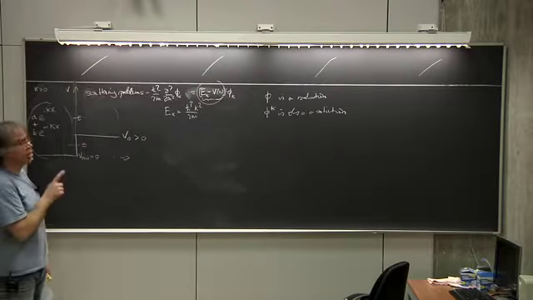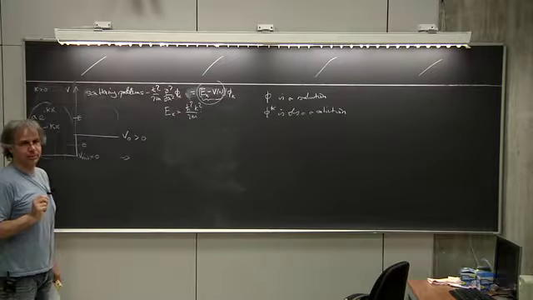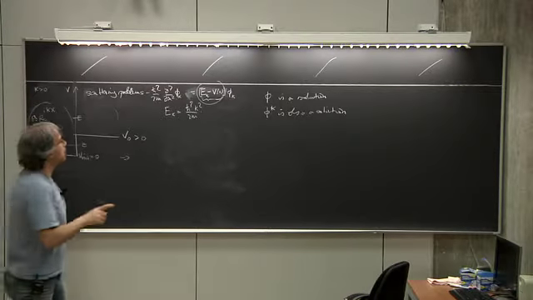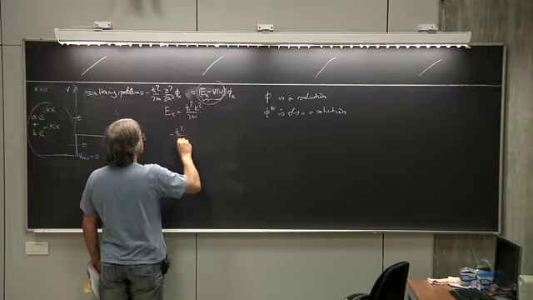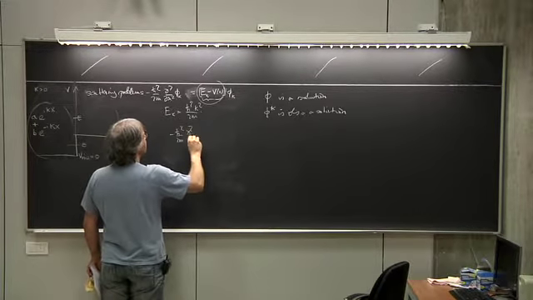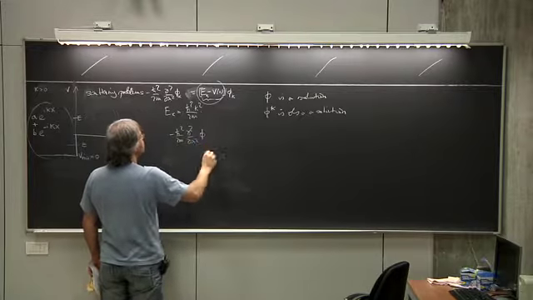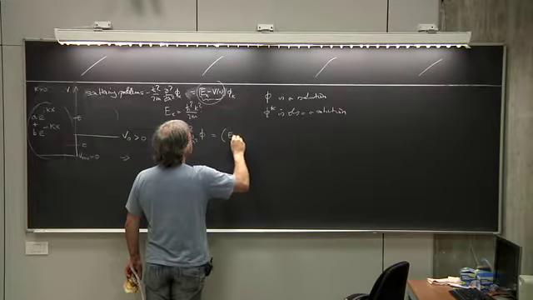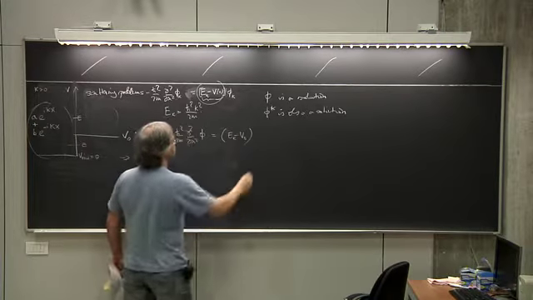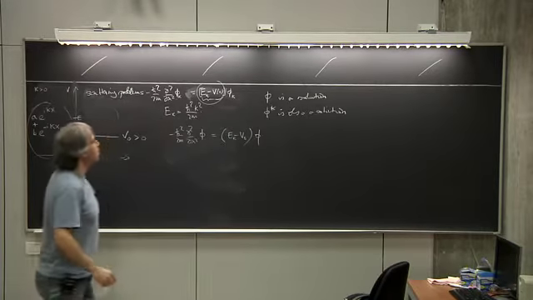But it's not E, it's E minus V0 that matters there. So you have to solve the problem minus h bar square over 2m, second derivative of a function, equal to a positive quantity, which is now E minus V0 times the function. What is the solution?